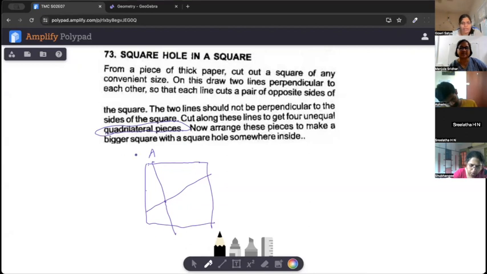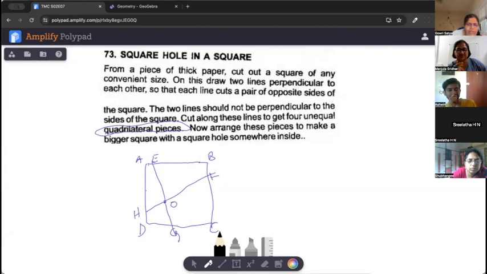Okay, wait. So ABCD is the original square, and the center point is O. And what are E, F, G, and H? So you are talking about OH, from that quadrilateral and this quadrilateral.